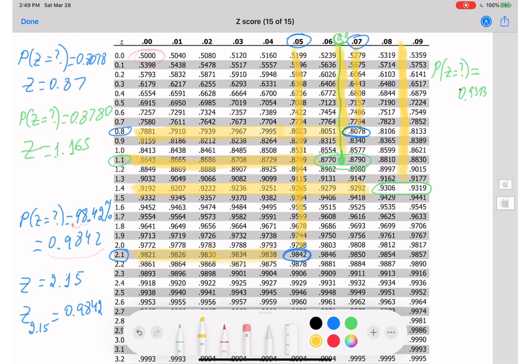Okay, so the z-score is going to be equal to 1.4, and here I have 8.5, because right in the middle is 2, right? So it's going to be 8 and 5.